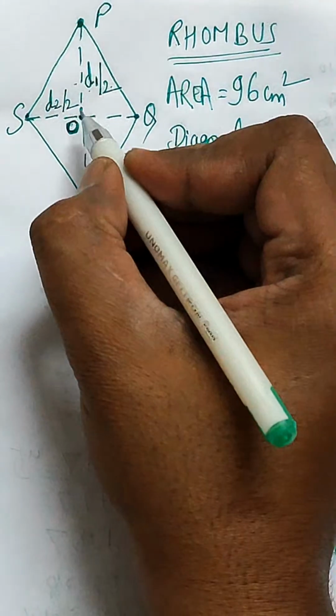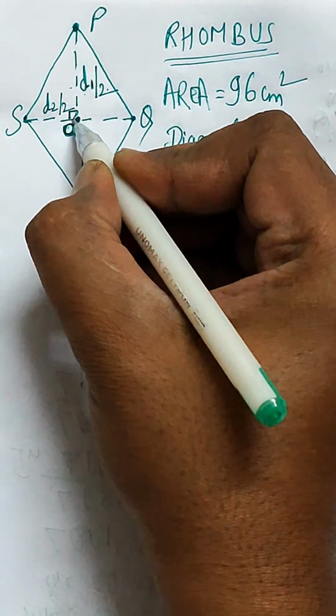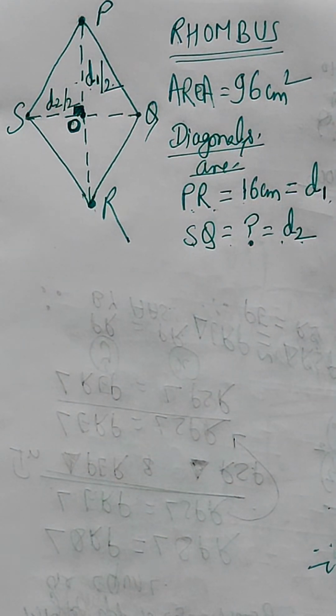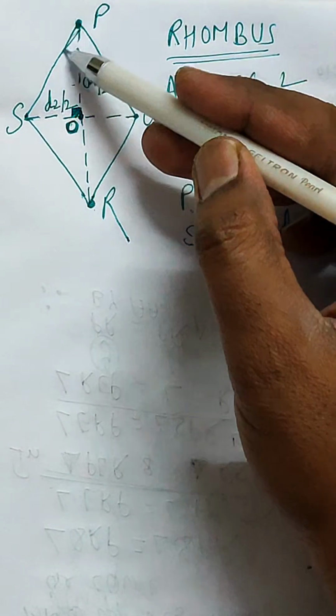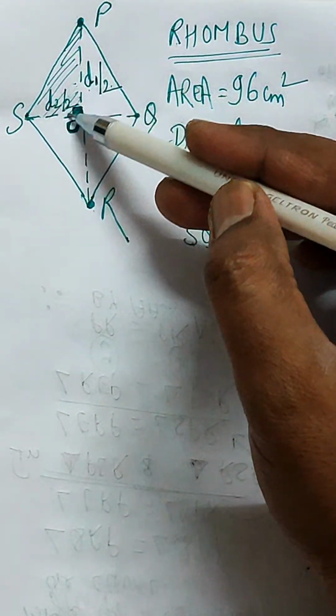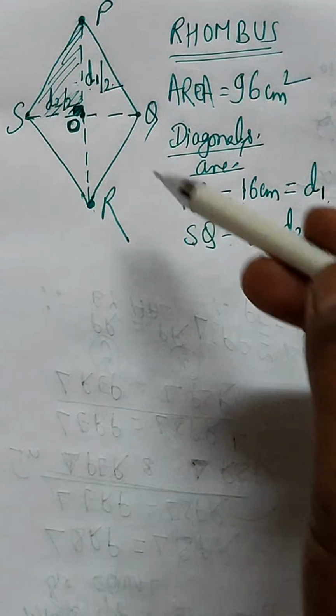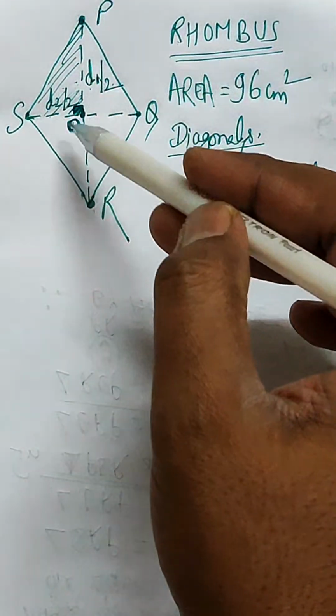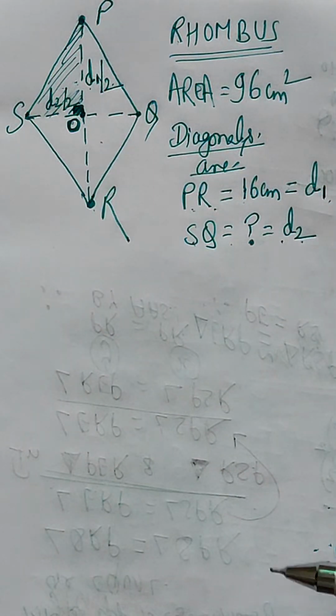Now, they intersect each other at 90 degree, so this angle will be 90 degree, right? Now, just consider this triangle, okay? This rhombus consists of 4 such triangles because of the intersection of these two diagonals, right?